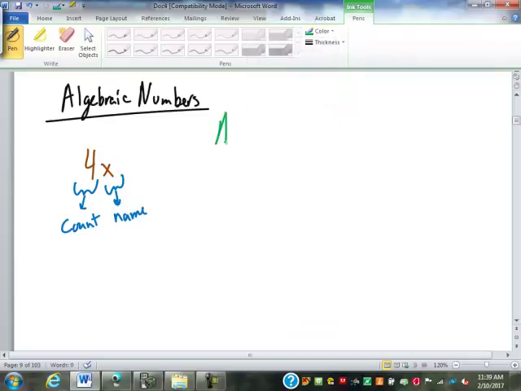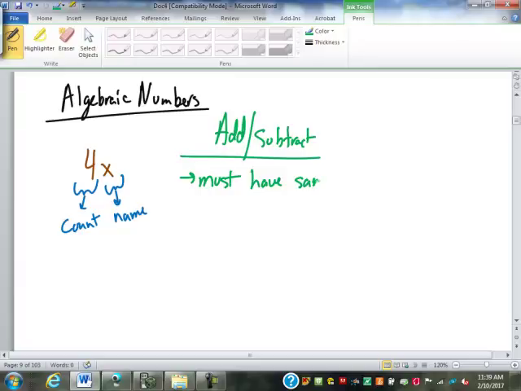Remember our rules when we add or subtract. We must have the same name. And we keep the same name.